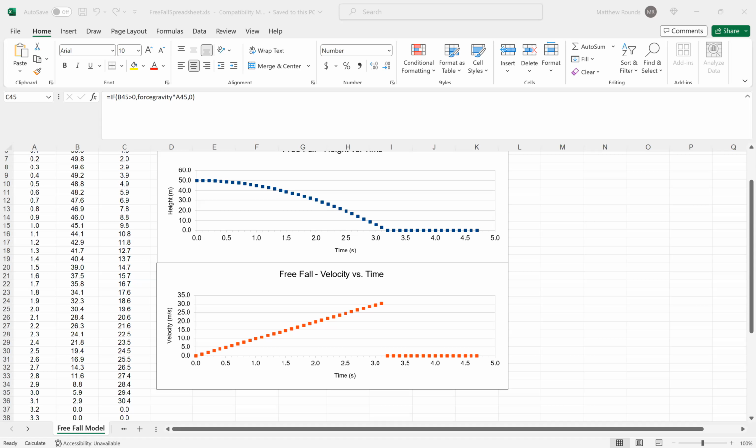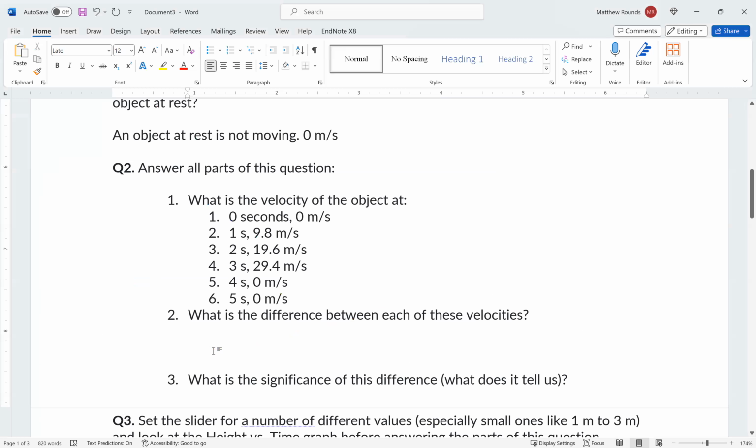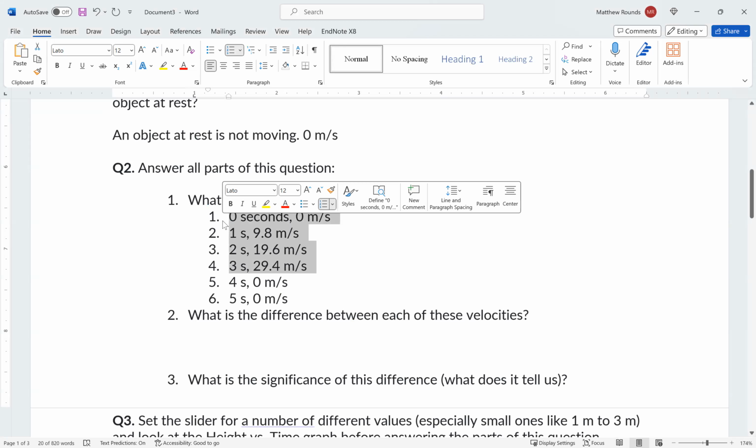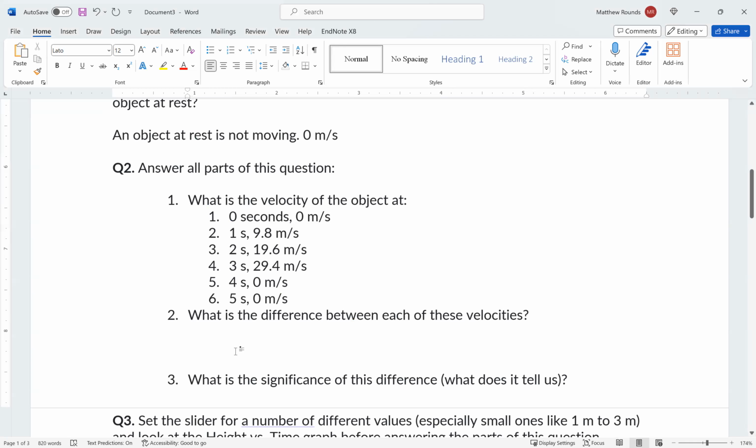Got it. Okay, so let's go back to the other screen here. I'd like you to answer this question here. Look at the first 4 values. What is the difference between each of those first 4 values?